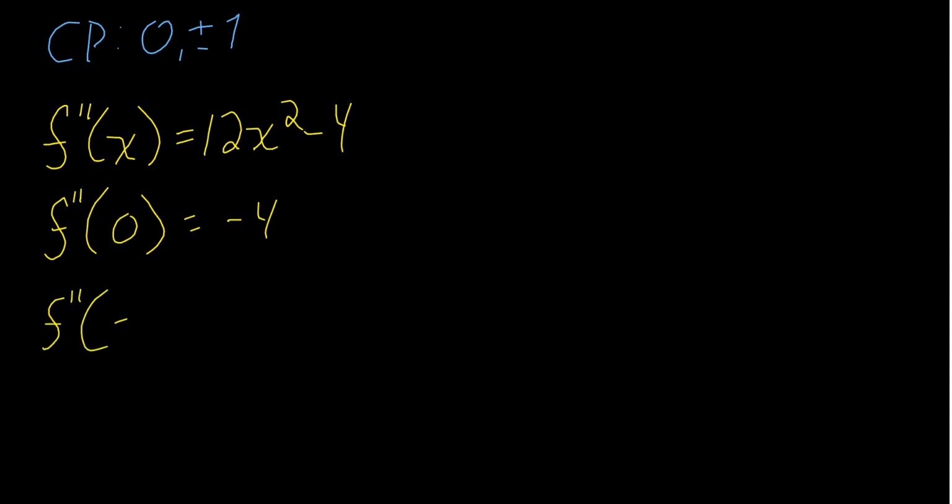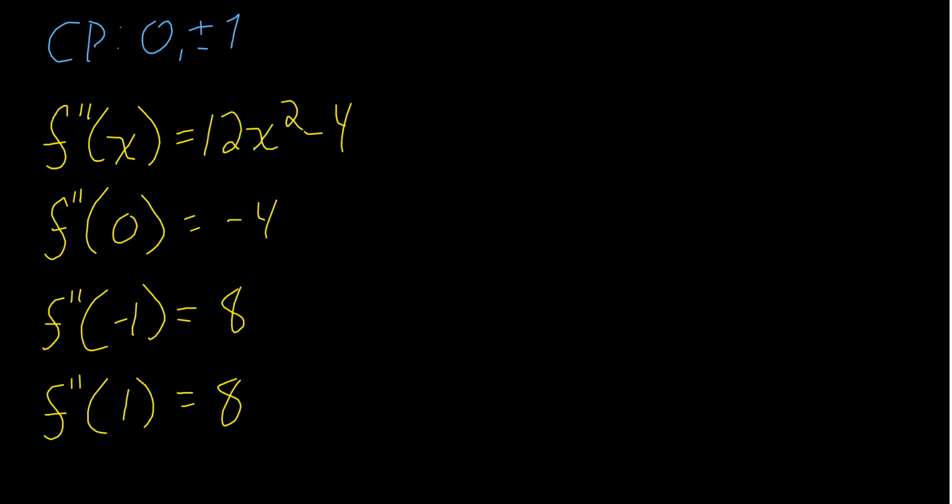f double prime of -1 is going to be, first of all, let's fix this, we're looking at a +8. And then f double prime of +1 is going to be the same thing, 8.